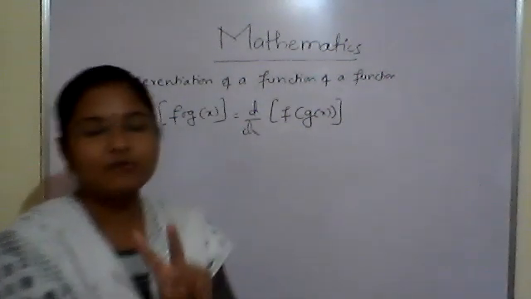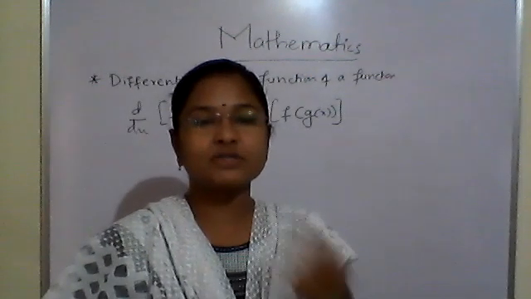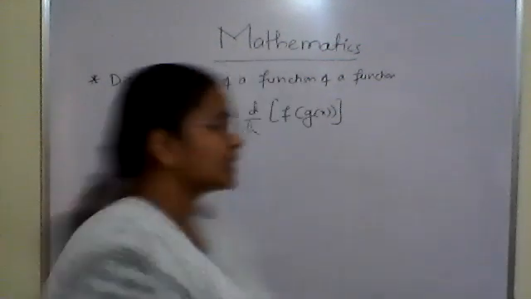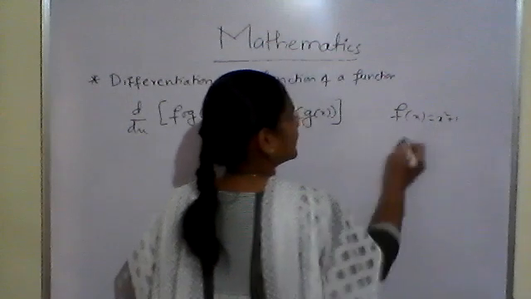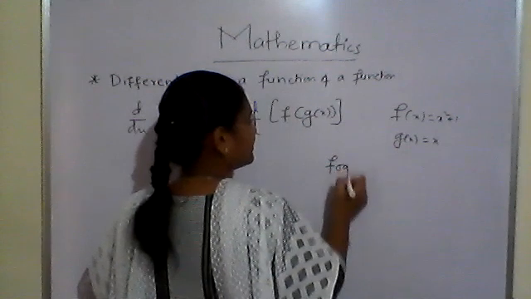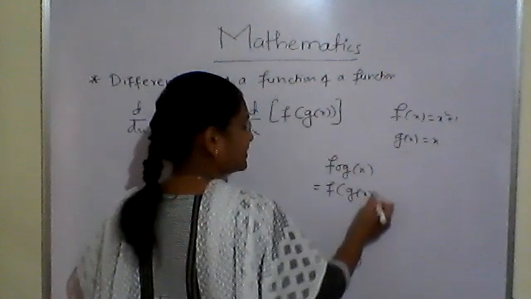We were having two functions f(x) and g(x). f of x is x square plus 1 and g of x is the identity function. So how we can write f composition of g? It is equal to f of g of x.